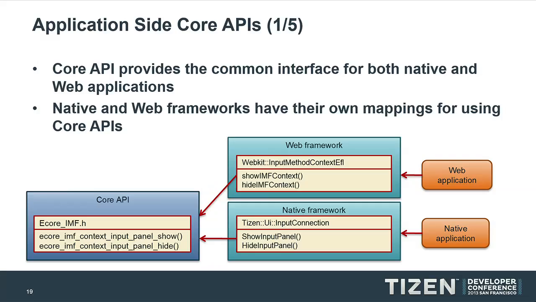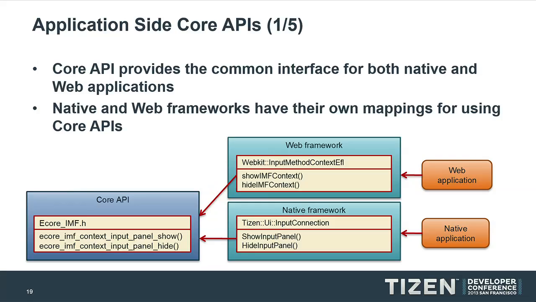framework-specific mappings. And also, it's not really common in your application that you use those kind of mapping classes directly. Most of the time, if you're just developing a web application, then you might be just adding a tag such as input type equals text or something like those kind of tags. And if you're just writing a native application, you'll be adding an edit control in your application.